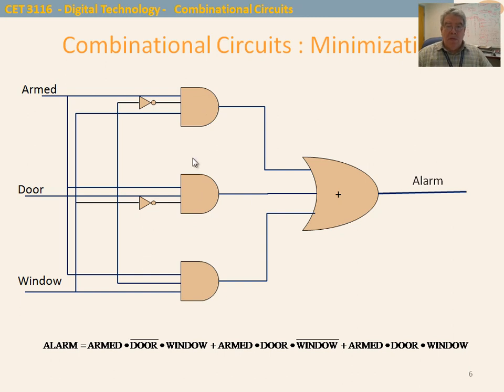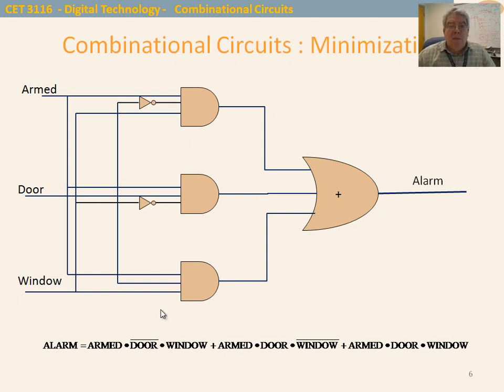A condition, in this case for the armed, is present in the 3 ANDs, as you can see. That's a condition that has to be met so that any of the situations make the alarm go off.